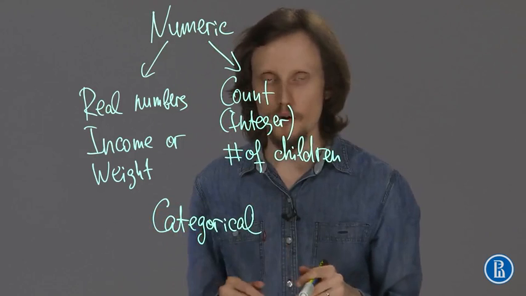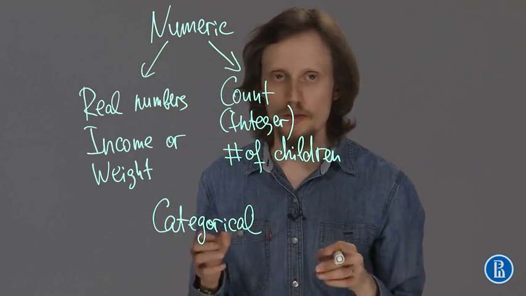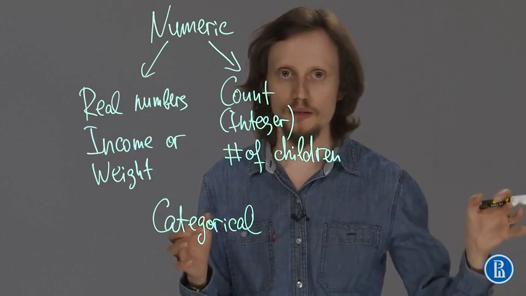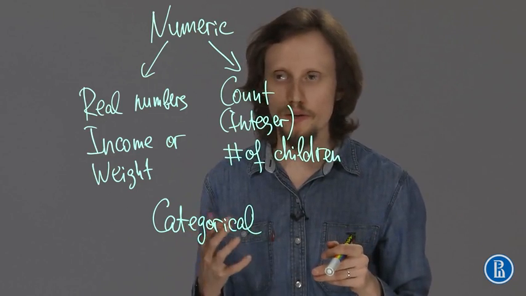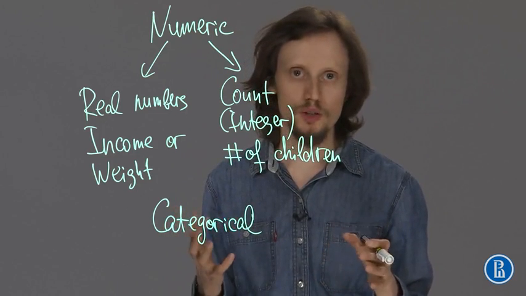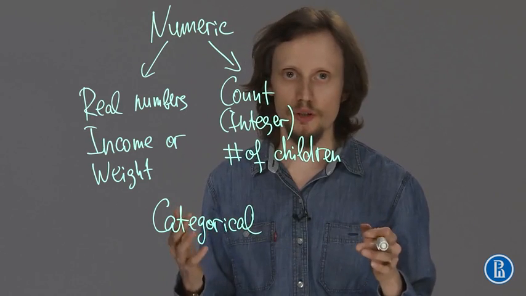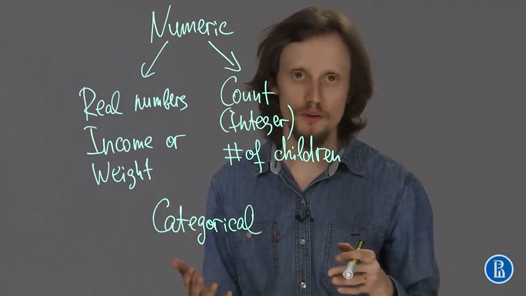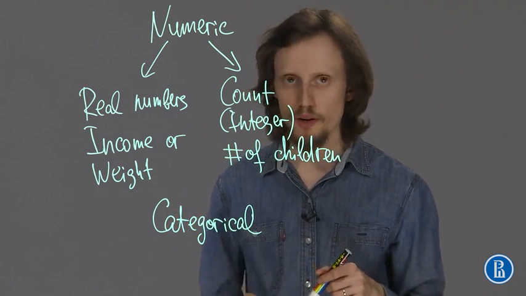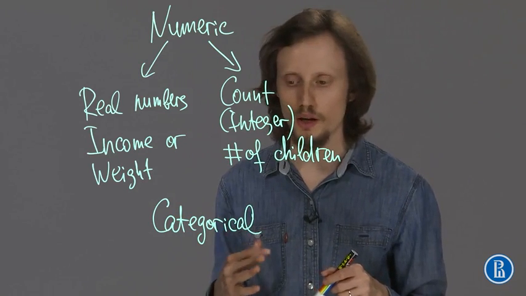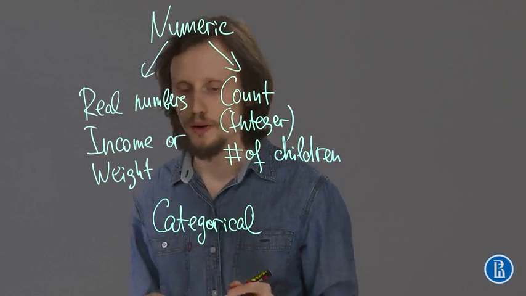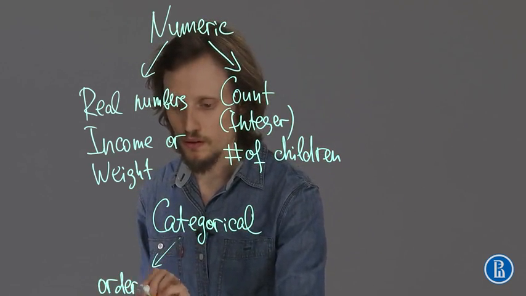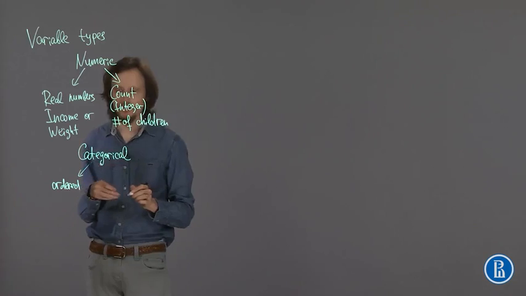Categorical variables represent some values that are not numbers, but that are some elements of some fixed sets. For example, we can consider a variable like country of origin, or city of origin, or level of education. These are examples of categorical variables. These categorical variables can also be subdivided into two classes. We can consider ordered categorical variables, for example, level of education.